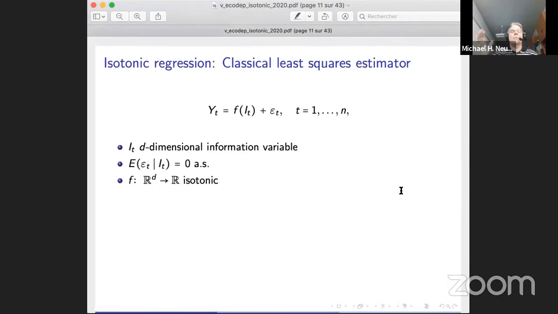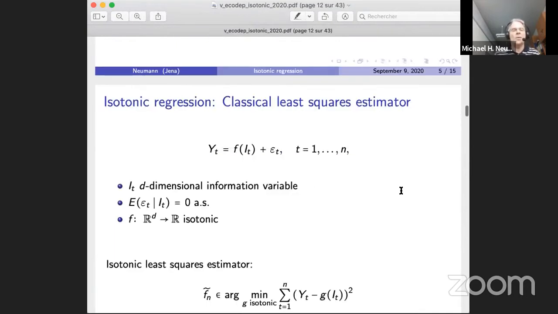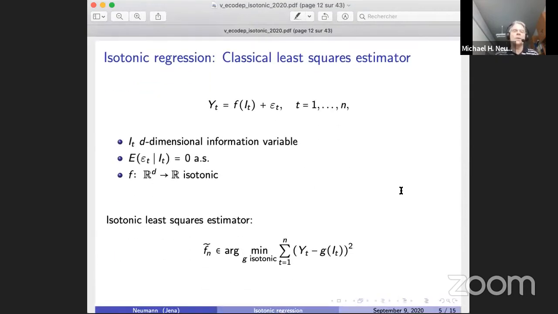So let's assume that we have such a non-parametric time series regression model. I_t denotes the information variable. And as before, we assume that the conditional expectation of epsilon_t given this information variable is 0, and the function f is isotonic.